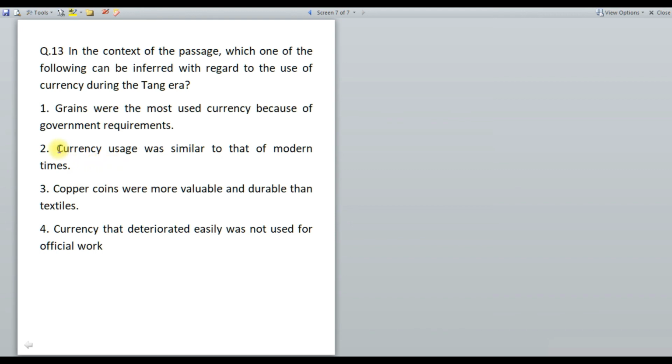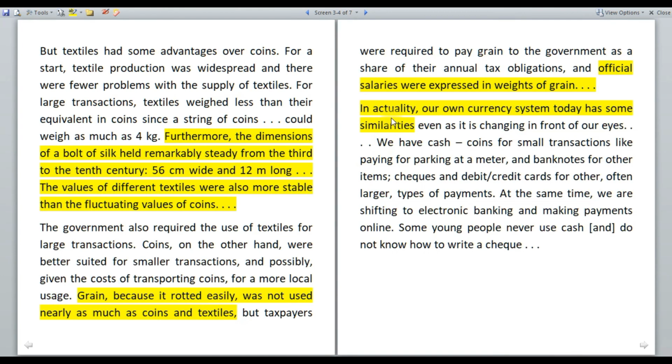And as I have already explained to you, the point in the second option is the one that's brought forth by the author in the passage by and large. This is one of the main points of the passage. Take a look at the last paragraph. In actuality, our own currency system today has some similarities. We have cash coins for small transactions, like paying for parking at a meter, and banknotes for other items. Cards for often larger types of payments.